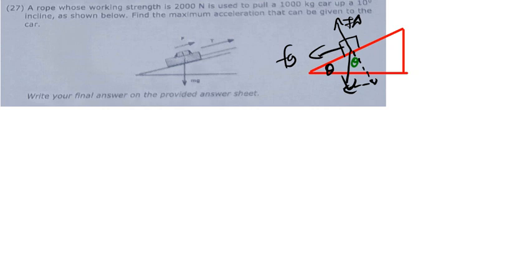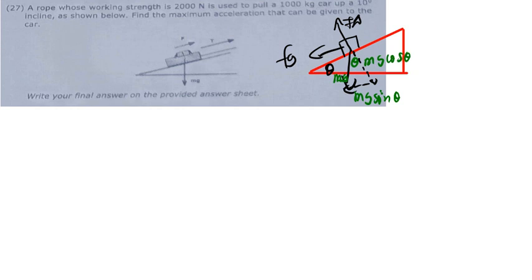So now, the diagram which I have come up with here, guys, I can start playing around with. I know that this is the opposite here. So if this is mg, meaning this is mg sine theta, this is mg cos theta.